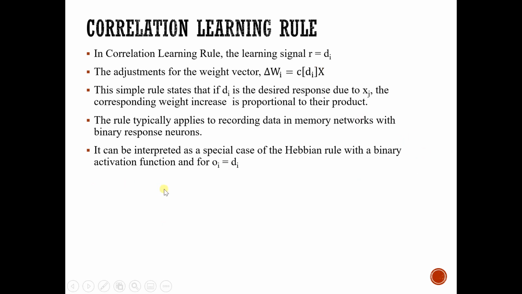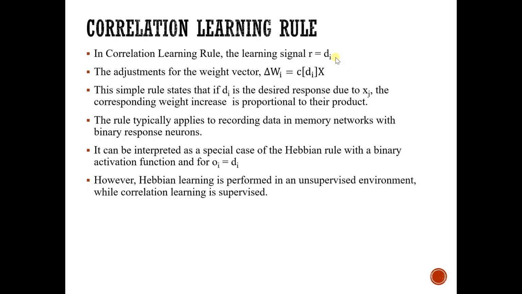See, the Hebbian learning rule can be used for binary as well as continuous, any activation function can be used. But here it is a special case when a binary activation function is used, and o_i is replaced with d_i. So it can be considered as a special case.